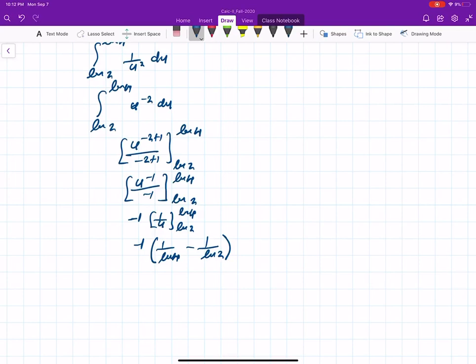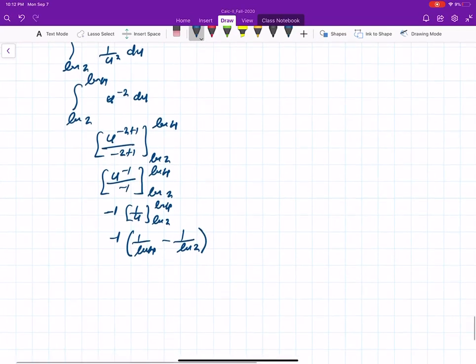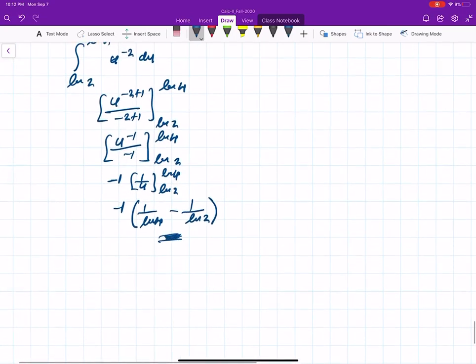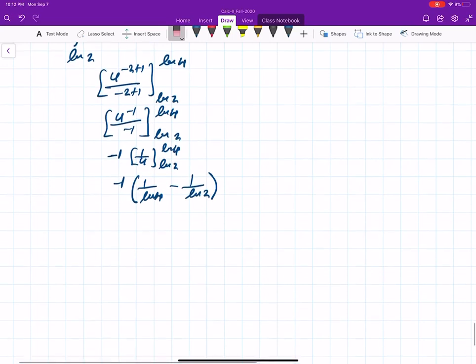All right, so you can further simplify this. You might feel like this is the final solution. No, because you can simplify this further, that you learn in Calc 1. Let me explain how to simplify this. ln 4 can also be written down as ln 2 to the power 2, because 4 is 2 to the power 2.